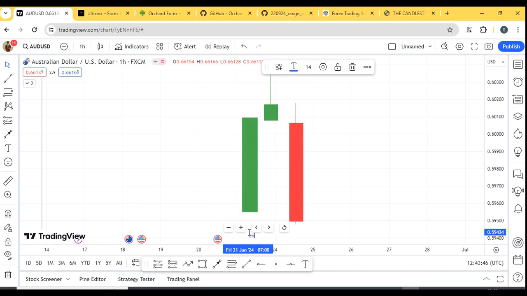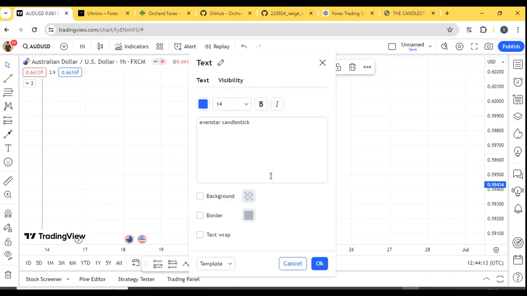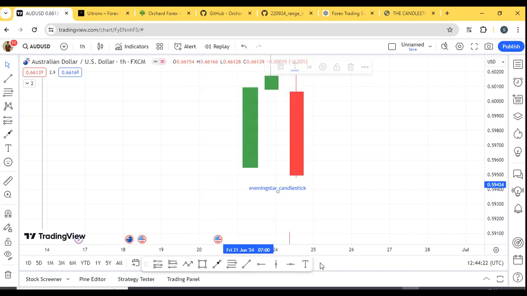This is an evening star candle. Okay, so this is an evening star candlestick.